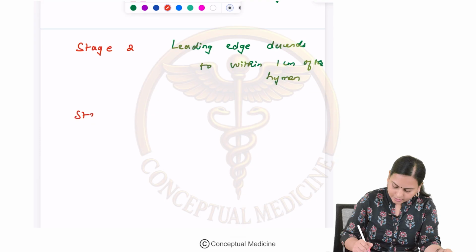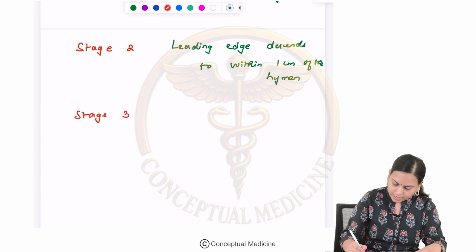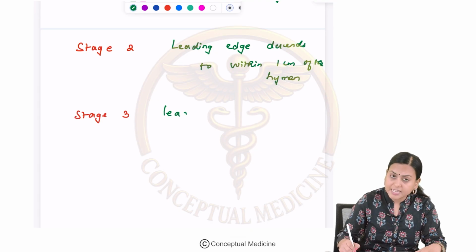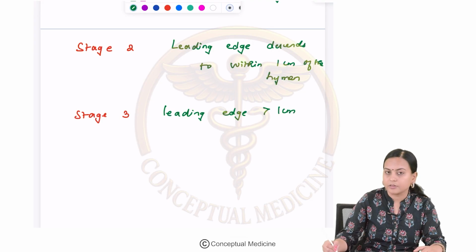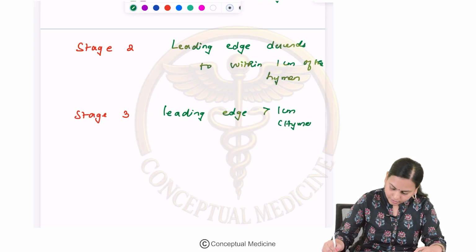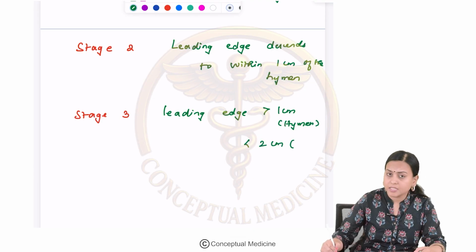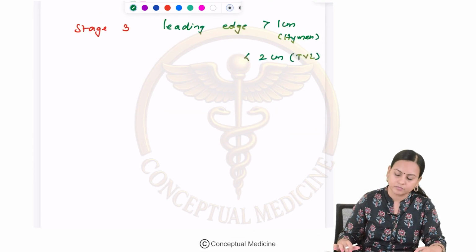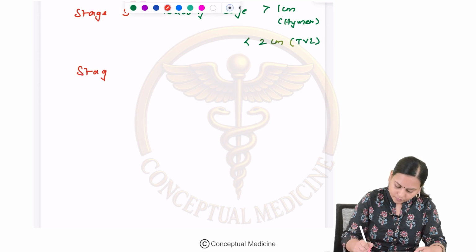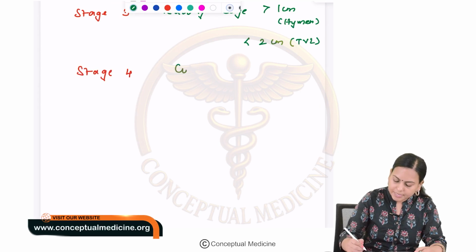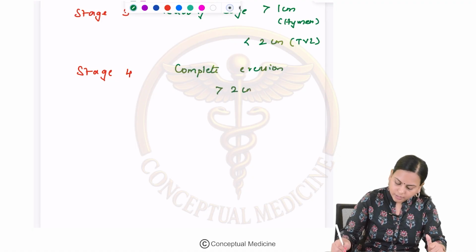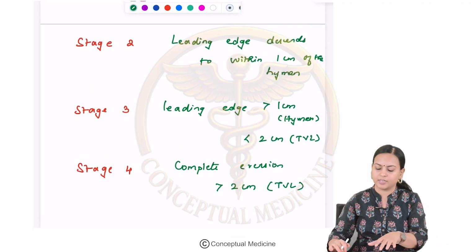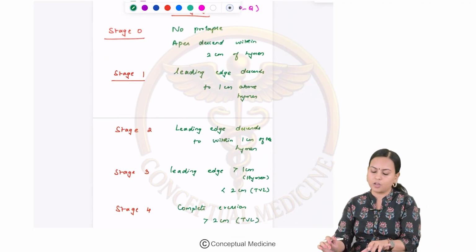Okay, and in stage 3 we have the leading edge which extends above 1 centimeter beyond the hymen, but this lies less than 2 centimeter of the total vaginal length. And in stage 4 there is a complete eversion, and here the leading edge is going to be more than 2 centimeter of the total vaginal length. Okay, so this is all about the classification of POPQ system.